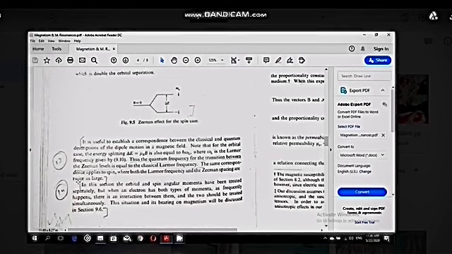field. Note that for the orbital case, the energy splitting delta E is equal to mu B times B, and this is also equal to h-cut omega L, where omega L is the Larmor frequency given by equation 9.10.